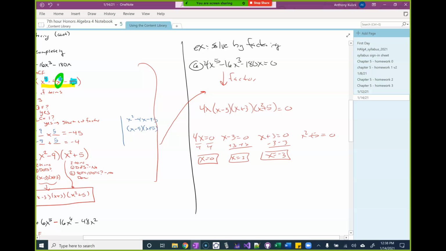X squared plus 5 is quadratic. Last semester we learned the three ways to solve a quadratic would be by factoring, solving directly, or using the quadratic formula. If you're solving a polynomial, the quadratic that you get at the end will never be factorable, because if you could factor it more, you would have factored it when you factored the polynomial.